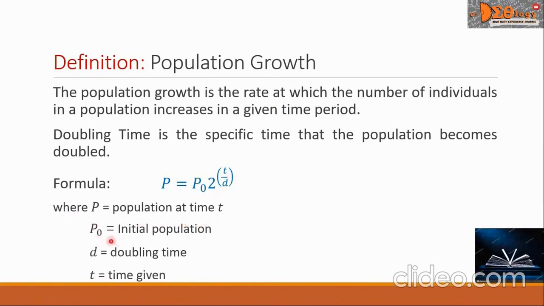P sub 0 equals initial population. 2 here is a constant, and the d is the doubling time. The t is the time given in the problem.